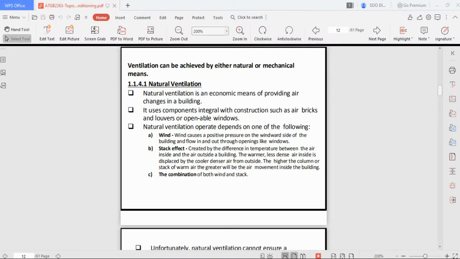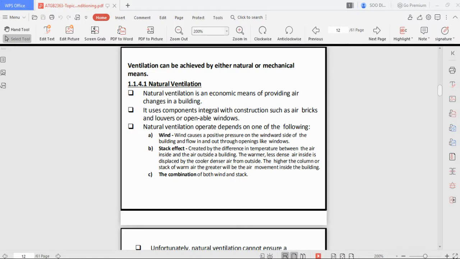Oops, sorry, I'm wrong. Okay, so this is an air brick. You will not find this air brick in a condo because it doesn't make sense to have one there. But where do you find it? You can find it in a very old landed building, where they installed it at the top of the building.